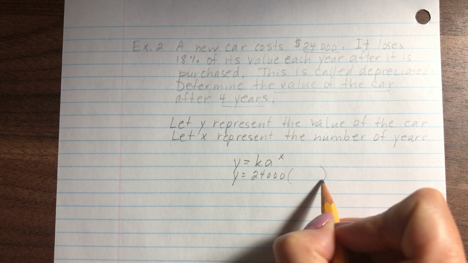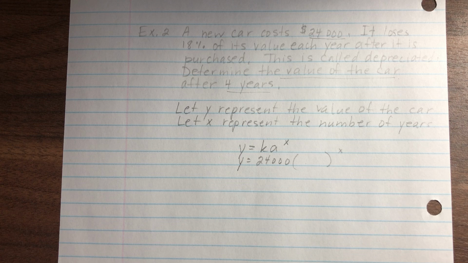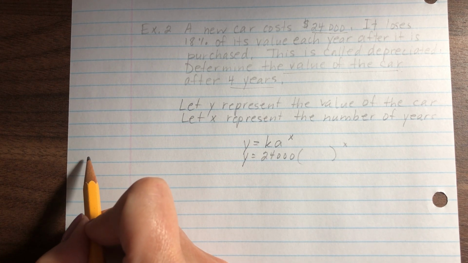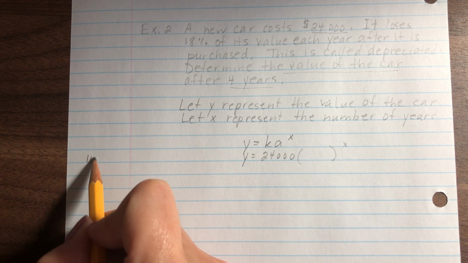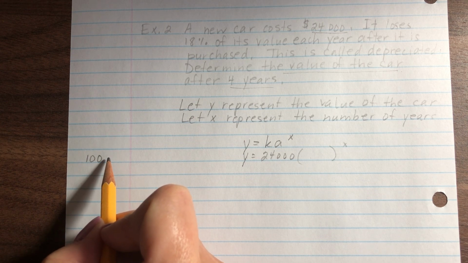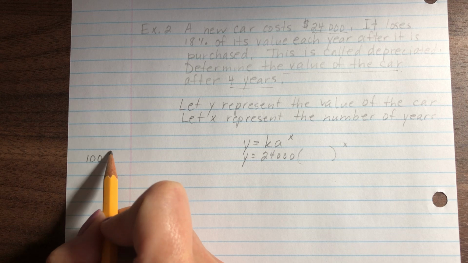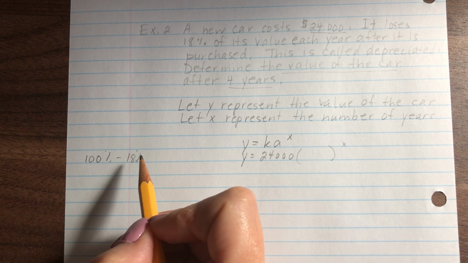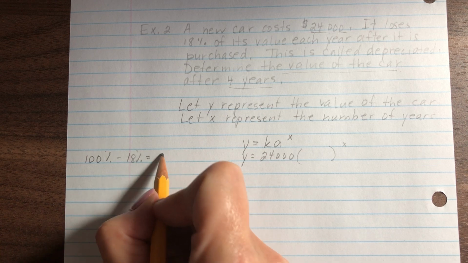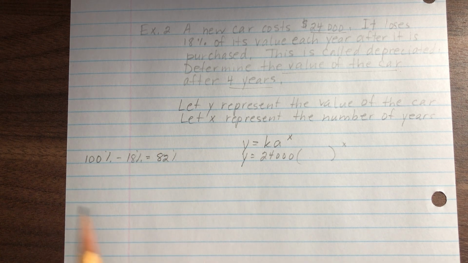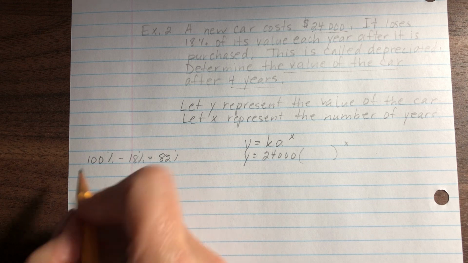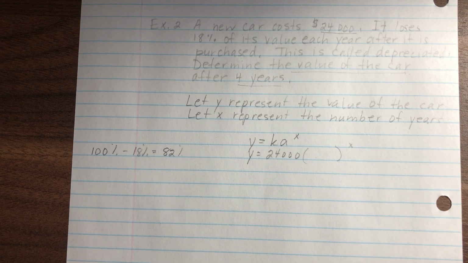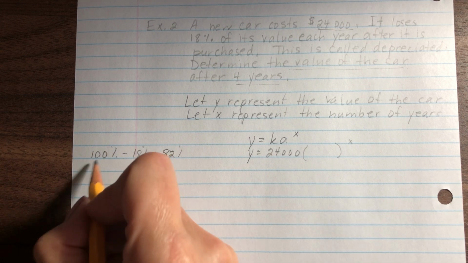Now we have to figure out what we're multiplying the price of the car by each year if it's losing 18%. So similarly to what we did with a percent increase, we're going to start with 100%, but this time we're losing 18%. So we have to subtract 18% from 100%, and that's 82%. So we're only going to be determining what 82% of the car's price is from year to year.